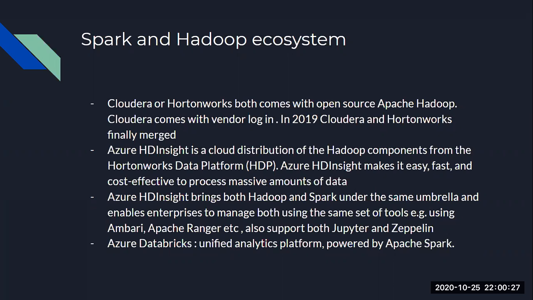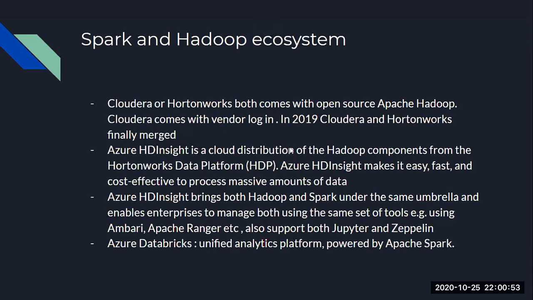So when you talk about Hadoop, you always remember Cloudera and Hortonworks and their ecosystem. And when you talk about Spark, you always remember Databricks, and Databricks is specialized for cloud data, while Cloudera and Hortonworks are specialized on-premise.